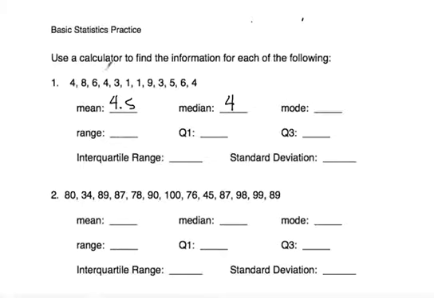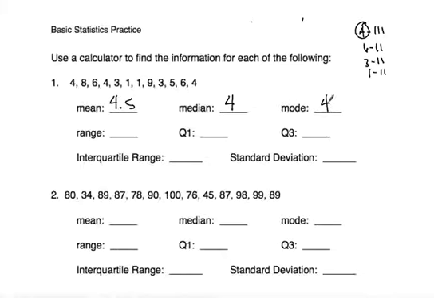We see that 4 repeats 3 times. 6 repeats twice. 3 repeats twice. 1 repeats twice. And that looks like it. So the one that's got the most is 4. So the mode is 4.